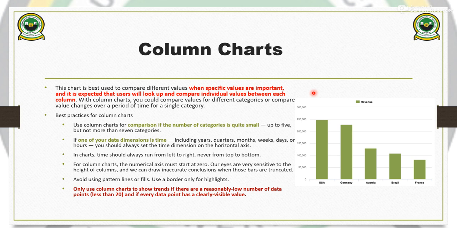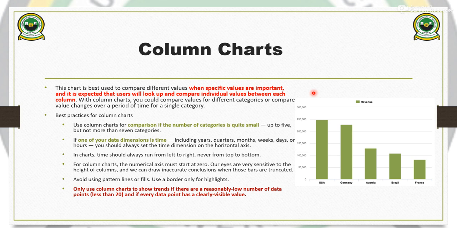Now, the best practices for using column charts include, for comparison, if the number of categories is quite small. Remember that you can still use a line chart to plot trend when the period of time in question is long. But when the period of time in question is short, you are going to use a column chart.